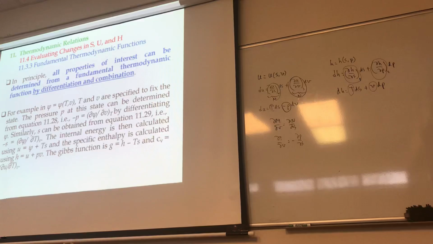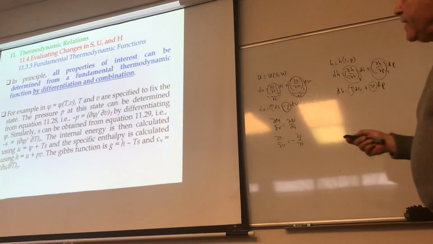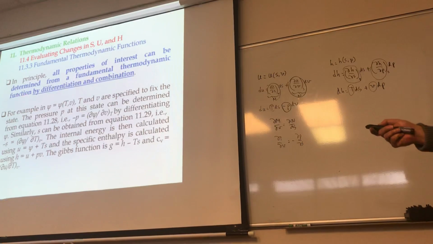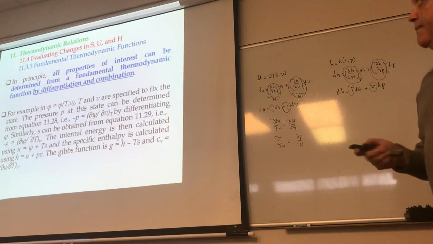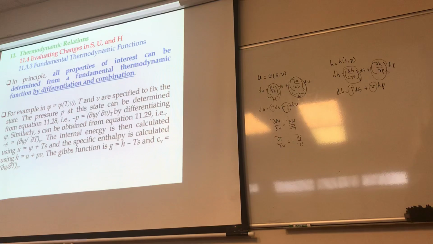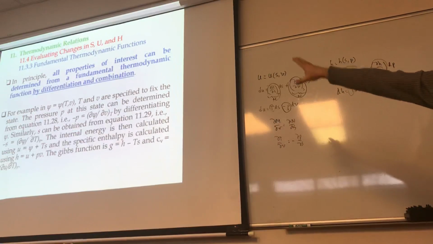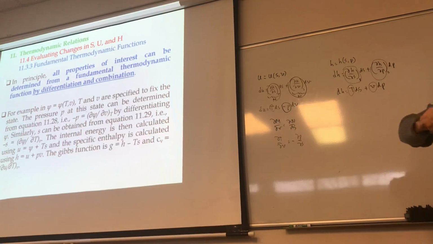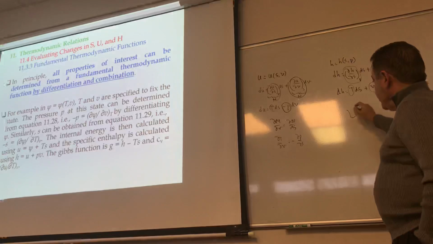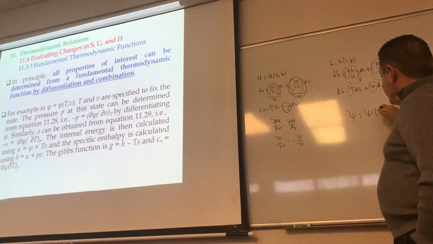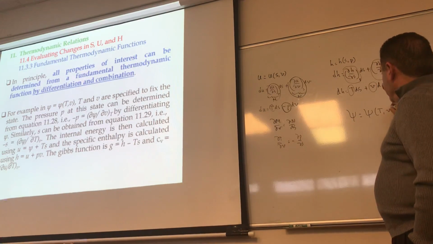And this is another important slide here. It says, in principle, all properties of interest can be determined from a fundamental thermodynamic function by differentiation and combination. And again, we're not going to be developing any tables or anything like that. This is just to explain how this is done by looking at one quick example. Imagine you have ψ, which is the Helmholtz function, which we said is a function of temperature and specific volume.